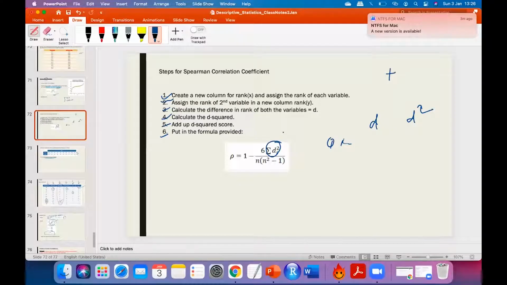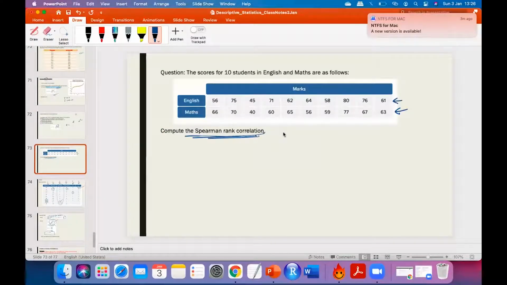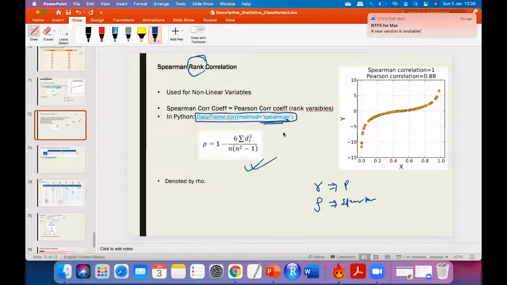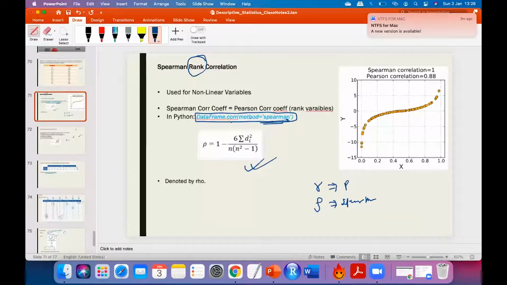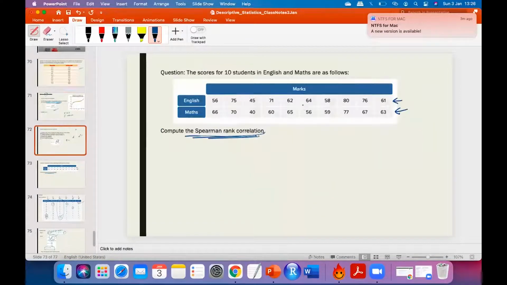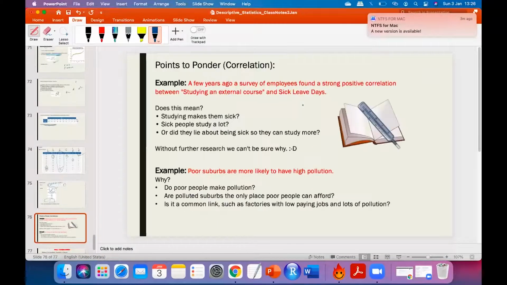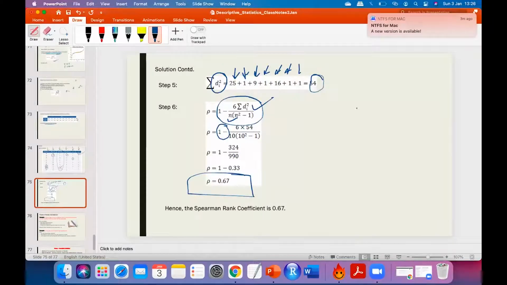Now Python, I have already told you, you can simply write correlation, only you have to change the method. If you change the method to Spearman, you will get the Spearman rank correlation. Even for linearly related variables, you can find out Spearman rank correlation.